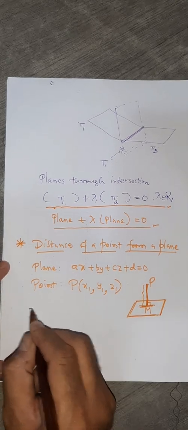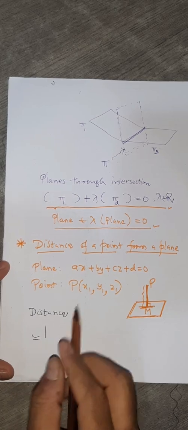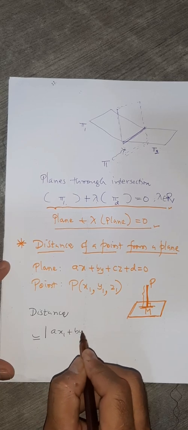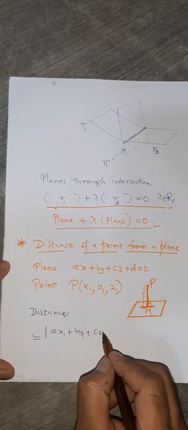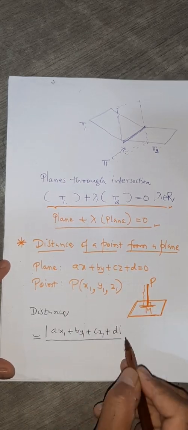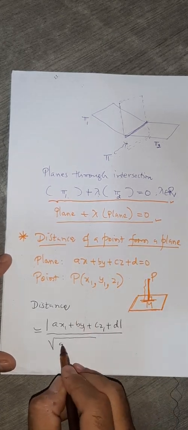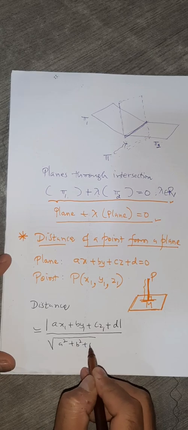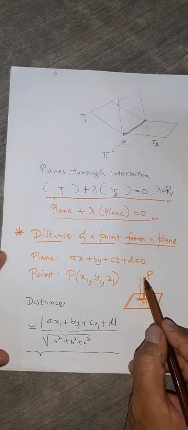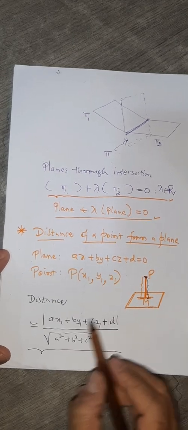So that distance is given by the modulus of ax1 plus by1 plus cz1 plus d, where x, y, z is replaced by x1, y1, z1, upon root of the coefficient squares, that is a square plus b square plus c square. That's the distance formula. This gives us the distance of this point, which is not inside the plane obviously, from the plane.